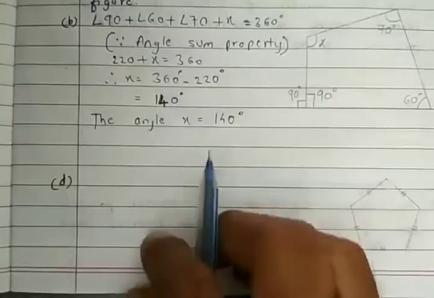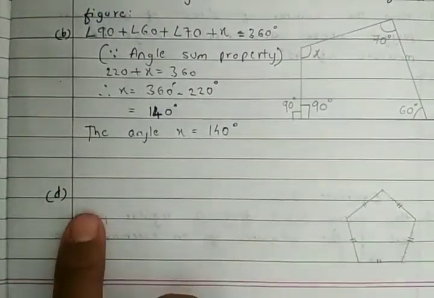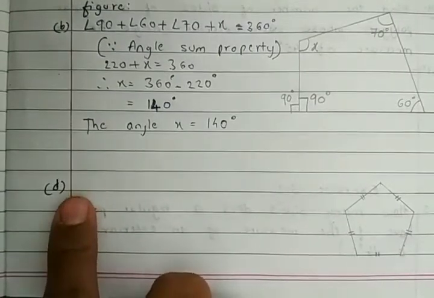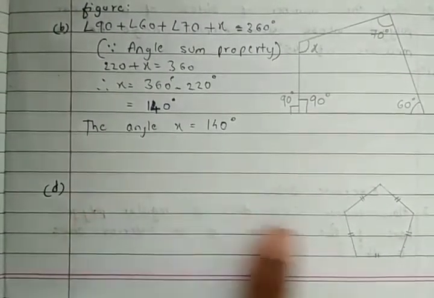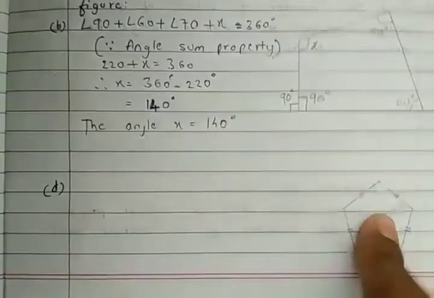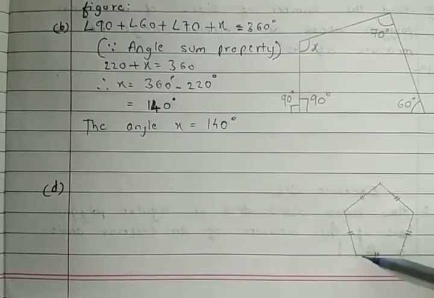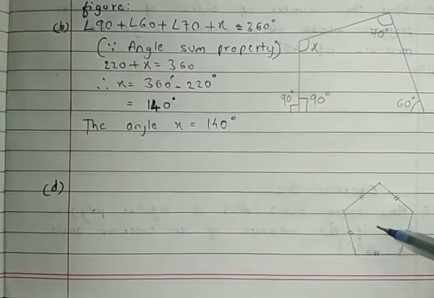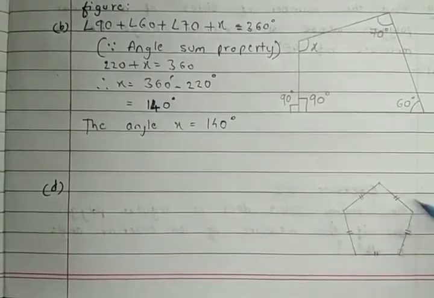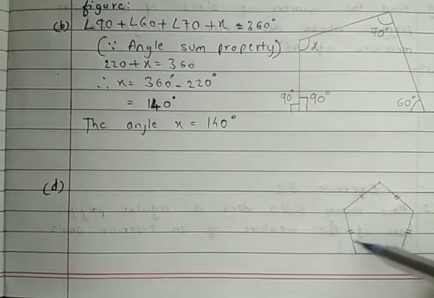Now let's solve one more type of the same question. In this they have given a regular pentagon. Since it has 5 sides, 1, 2, 3, 4, 5. A pentagon has 5 sides and all the sides are equal. You can see these double lines which I have made on this line segment.